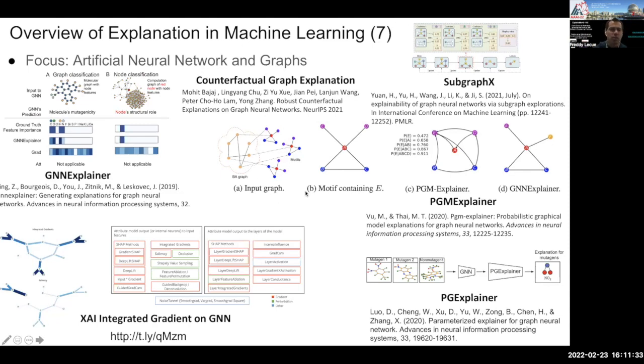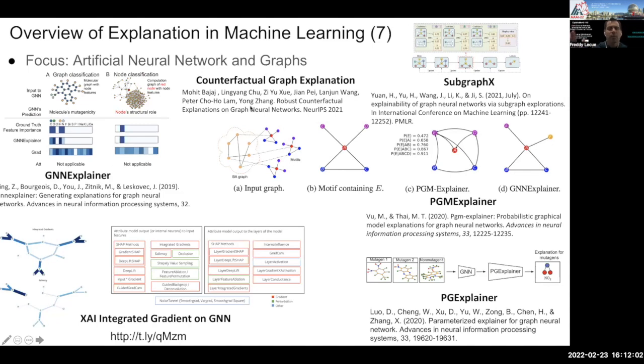GNNExplainer is one of them. PGMExplainer is another one. Counterfactual explanation for graphs is an interesting one: what if you had this extra connection? They try to see what you need to add to get that result, but in a much more graph setting.